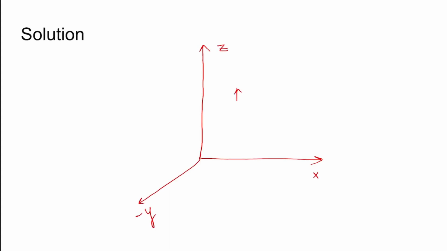Now coming to the solution, if the ring is rotating with omega, this is minus y, this is x, this is z, magnetic field is like this, H vector. Now the ring is like this, along the x axis is its diameter.